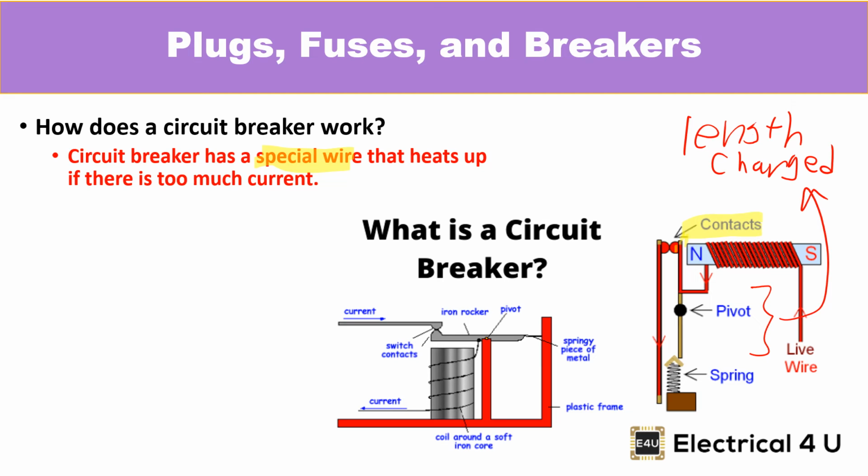If you heat something up, it expands. Most matter expands. Even plastic, when you melt it, spreads out more. Metal can extend when you apply heat. Think about the blacksmith situation back in medieval times. But in any case, a circuit breaker has a special wire that changes length, and because of that, we no longer have a contact. The contact is the one that broke, and that's how you have a switch back and forth. This breaker is like a switch.